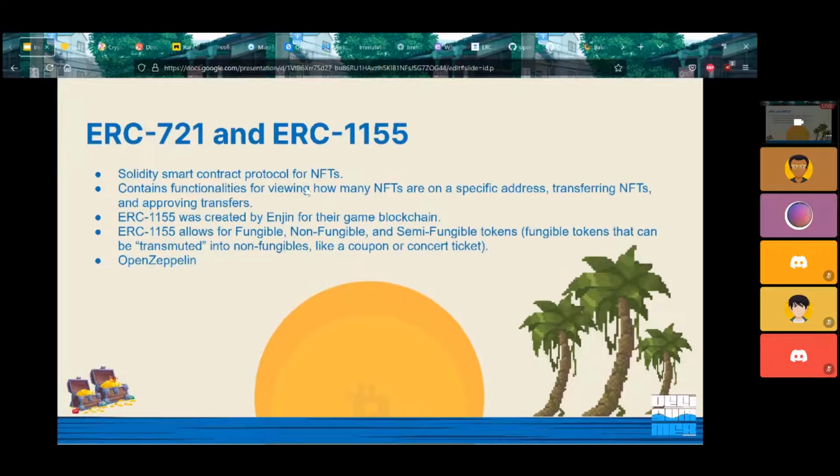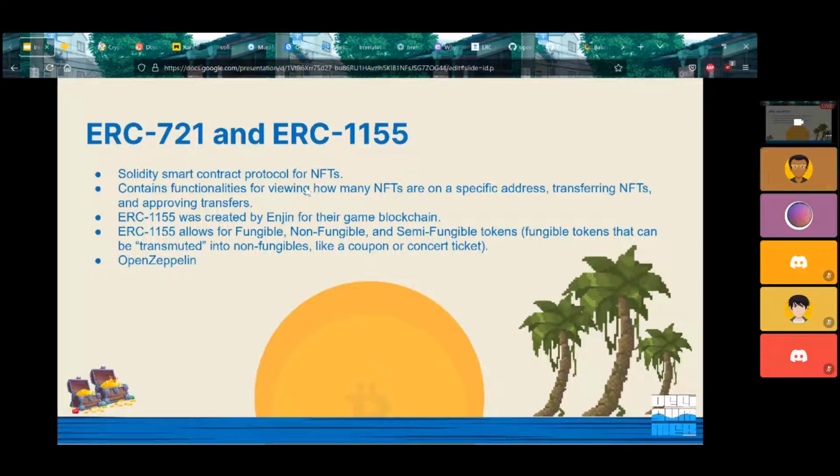Next, talking about the smart contract protocols, ERC721 and ERC1155. Both contain functionalities for viewing how many NFTs are on a specific address, transferring NFTs, and approving transfers. However, ERC1155, which was created by Engine as we discussed earlier, allows for fungible, non-fungible, and semi-fungible tokens to be present on their blockchain.